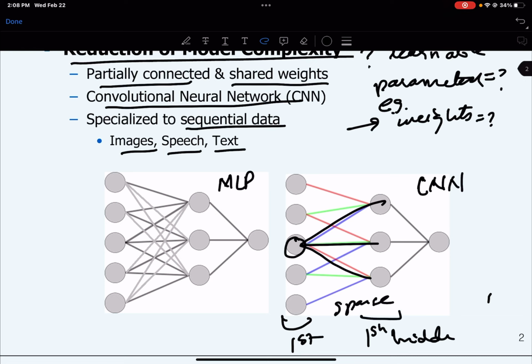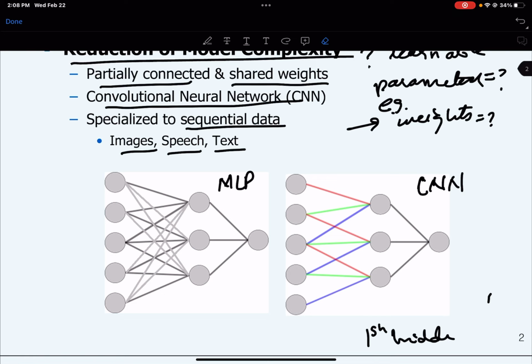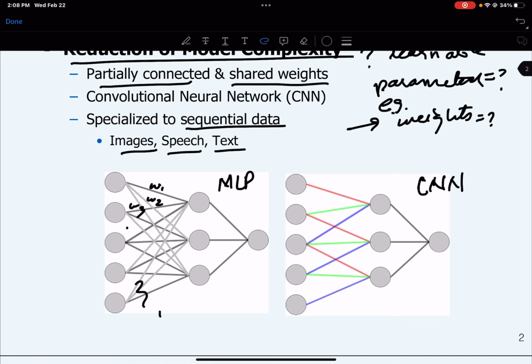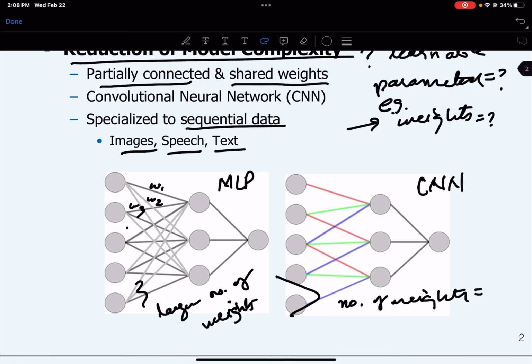They are partially connected. Since the number of weights we have in the fully connected network is significantly larger compared to the number of weights in this network, our model becomes less complex to train while achieving nearly the same performance or even better in some tasks.